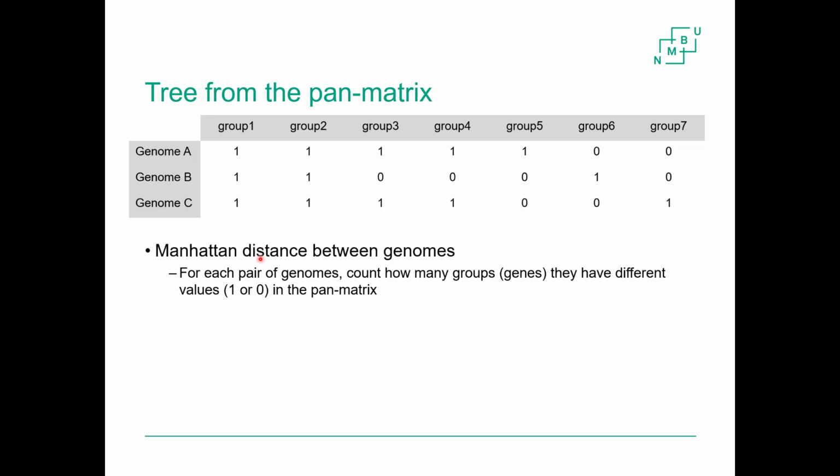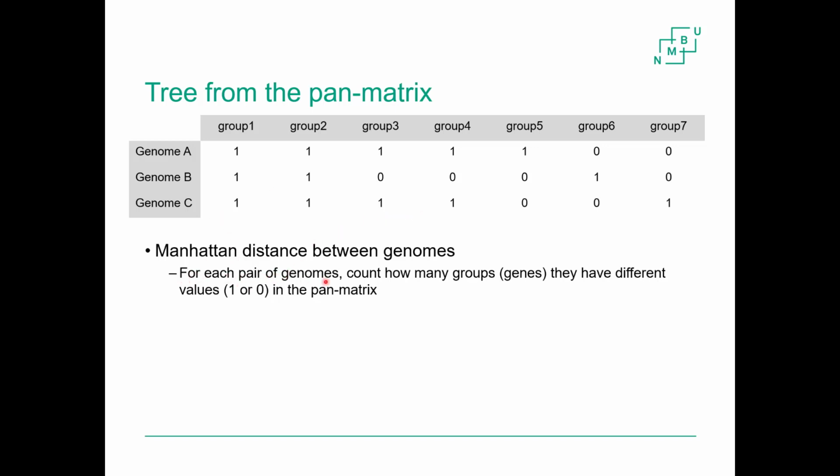In module 8, we compute what we call a Manhattan distance between the genomes. So now we want to compare the genomes to each other based on how similar these presence-absence profiles are for the various genomes. So how do we do that?